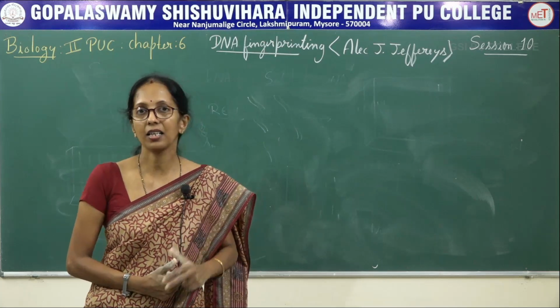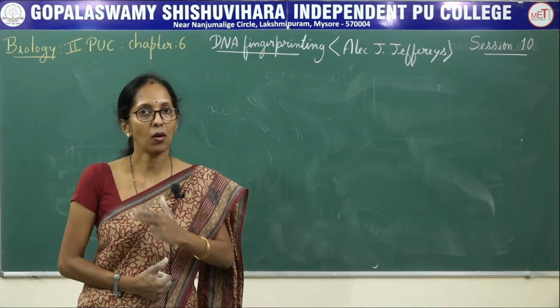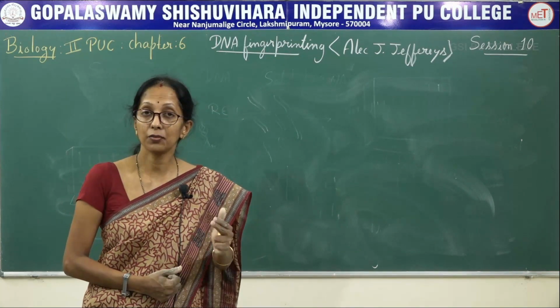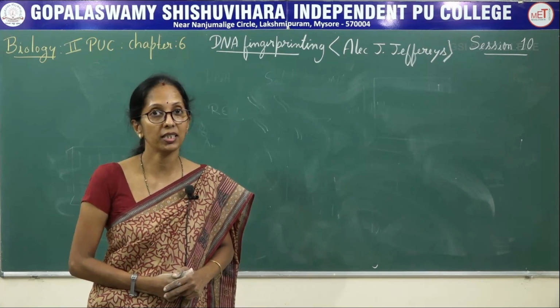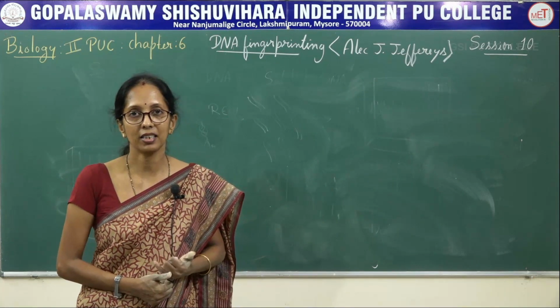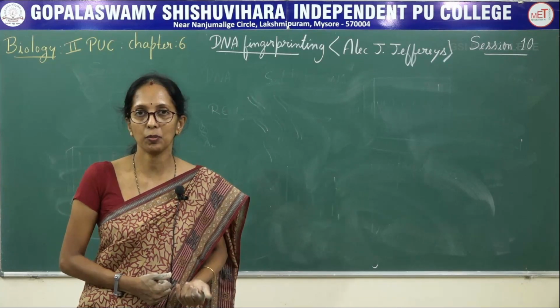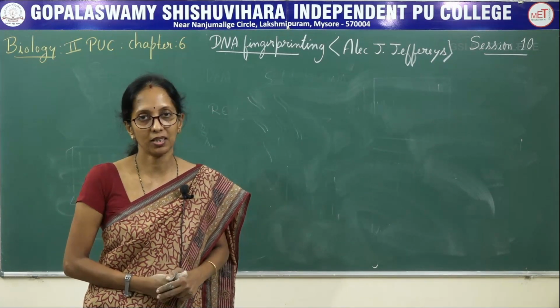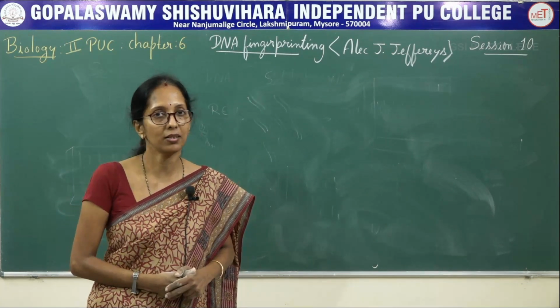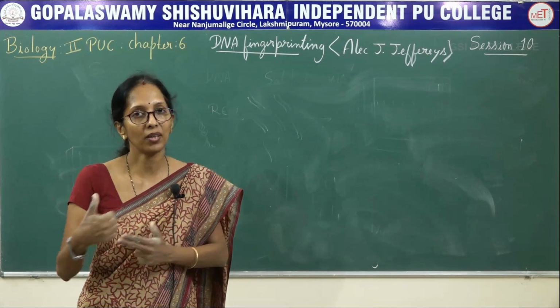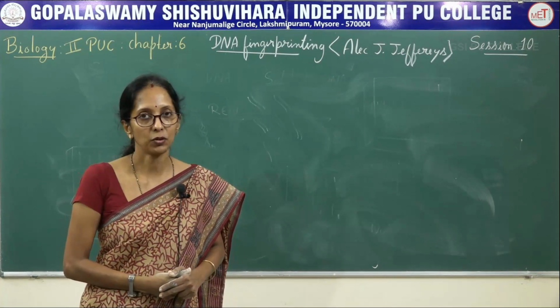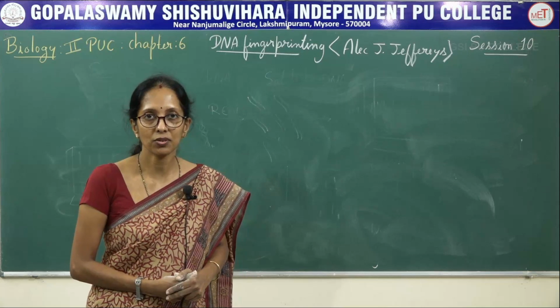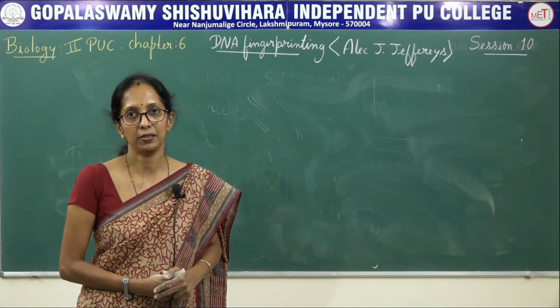and then RNA, what are all the components of RNA, and the different types of non-genetic RNA: mRNA, messenger RNA, ribosomal RNA, and transfer RNA. These three are synthesized in the nucleus, and these three now enter into the cytoplasm so that they help in the synthesis of proteins.